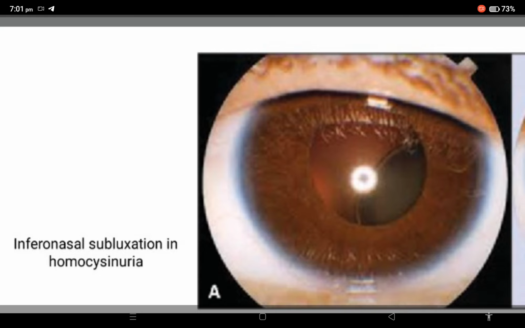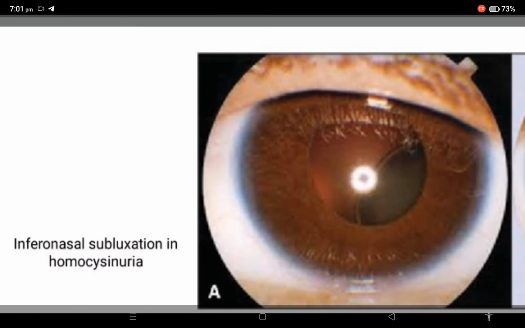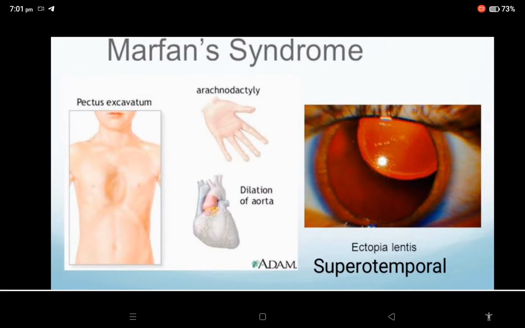Then this is the image of subluxation. There are basically two diseases which we need to remember: homocystinuria and Marfan syndrome. In homocystinuria, inferonasal subluxation is seen. And in Marfan syndrome, how will we remember? Fans out.